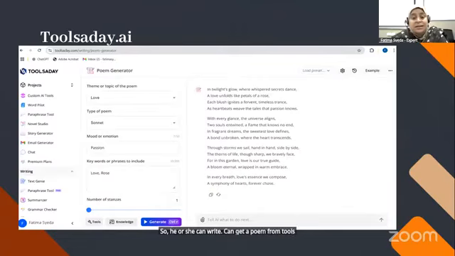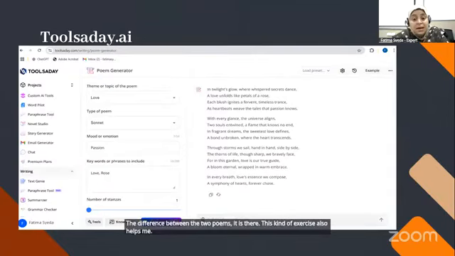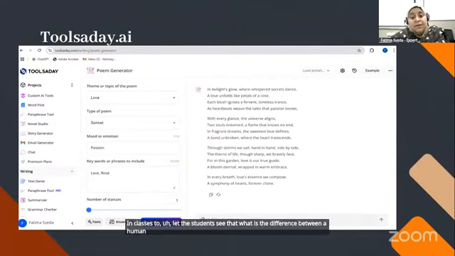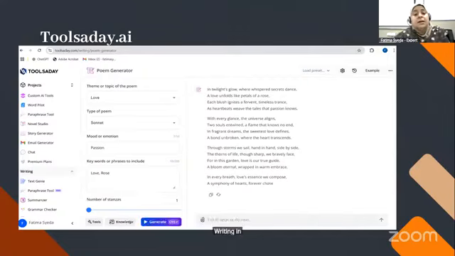But then the difference between the two poems is there. This kind of exercise also helps me in classes to let the students see the difference between human-created writing in literature and artificially generated writing that comes from a machine.